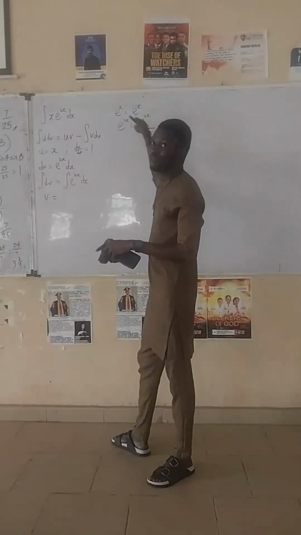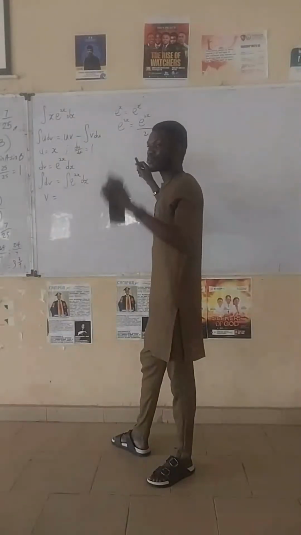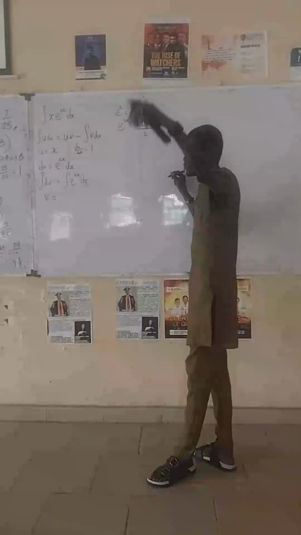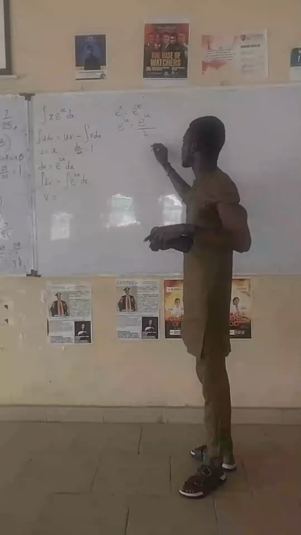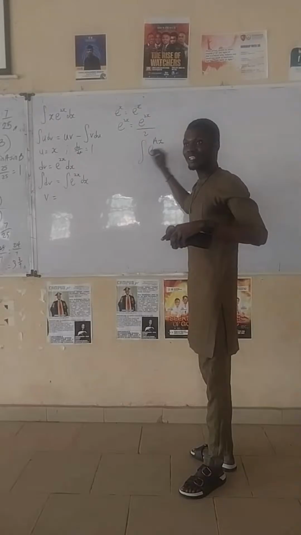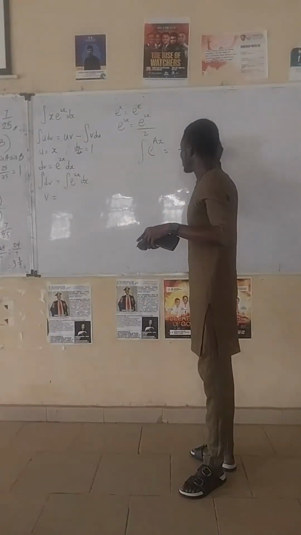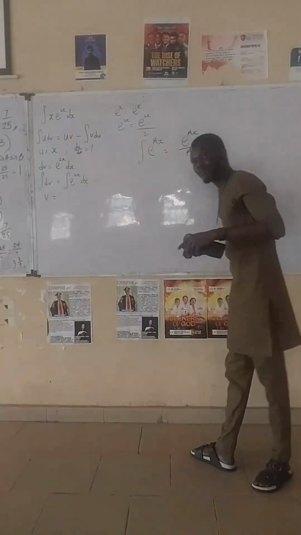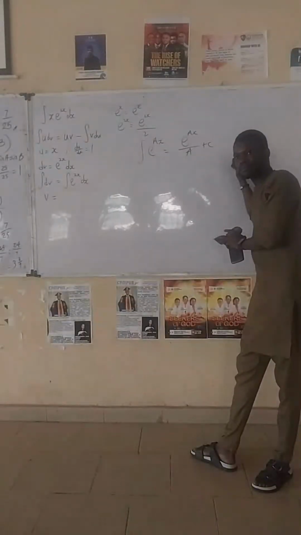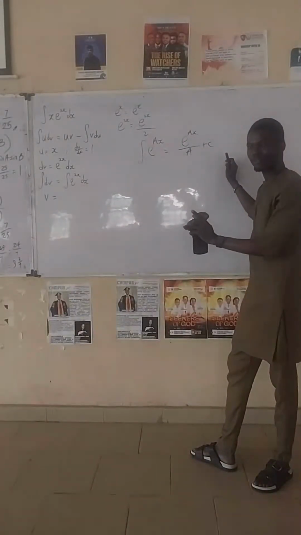That's why one of the formulas given in class says the integral of exponential ax is exponential ax over a plus c. It means you now divide by the coefficient of x.